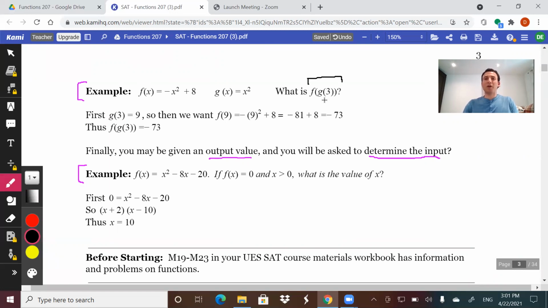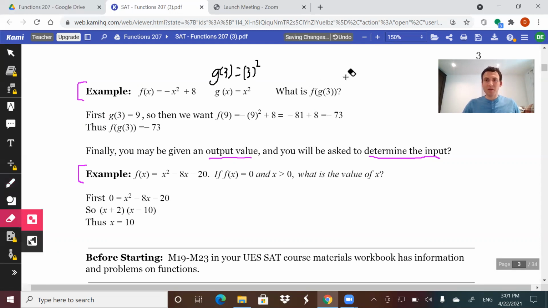The way a function inside a function works is you start from the inside and work your way out. It's telling us to input 3 into the g function first. When we input 3 into the g function, we get 3 squared, which is 9. That means if we input 3, we output 9. So g of 3 is 9.